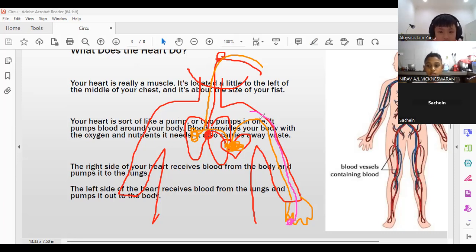Heart. Yes. The carbon dioxide will go back to your heart and your heart will send it back to the lungs. And then all these will come out through the nose as carbon dioxide. All this happens in less than what? Less than 1 second.